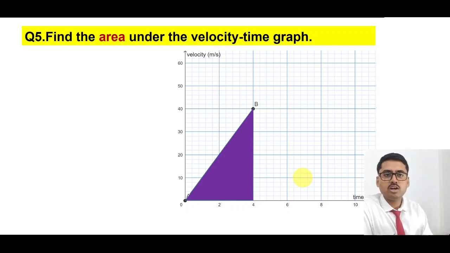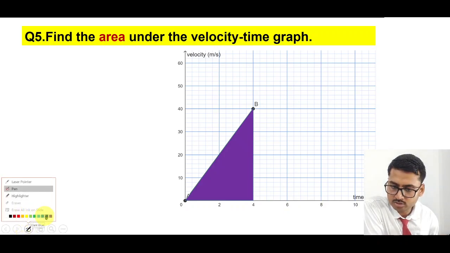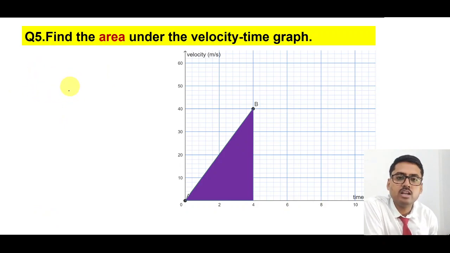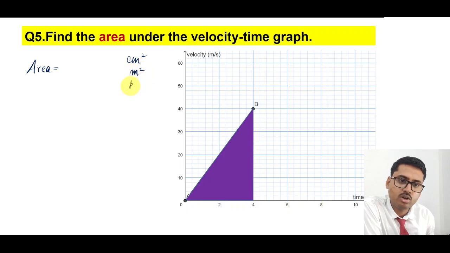Okay, before I start solving this, I have something very important to discuss. When in maths you calculate the area, area is usually expressed in centimeter square, meter square or kilometer square, etc., depending on the dimension.